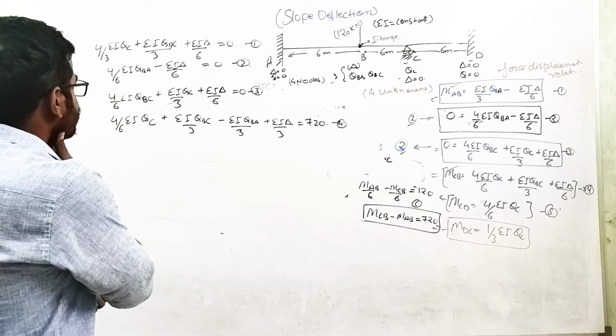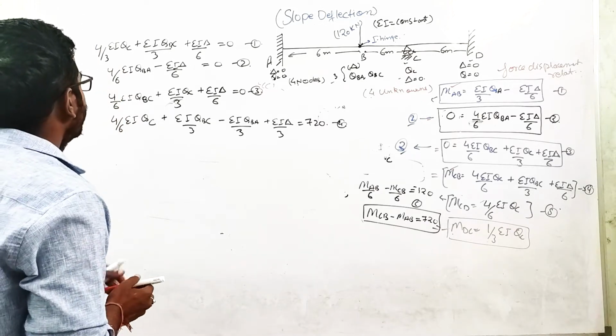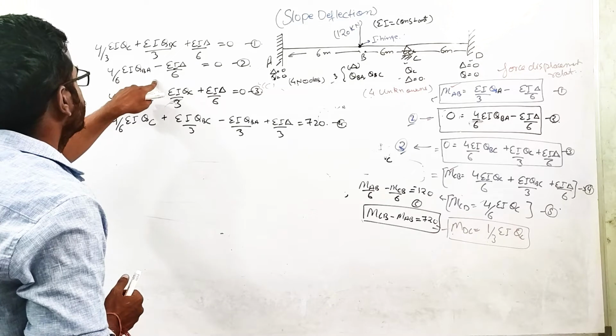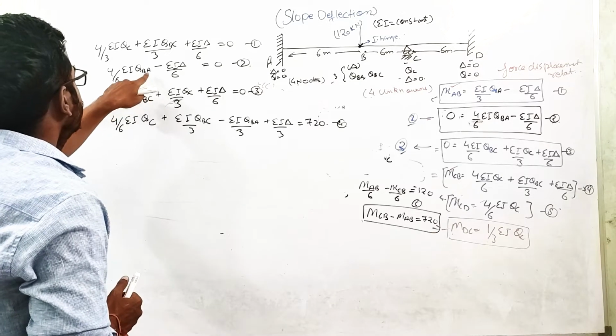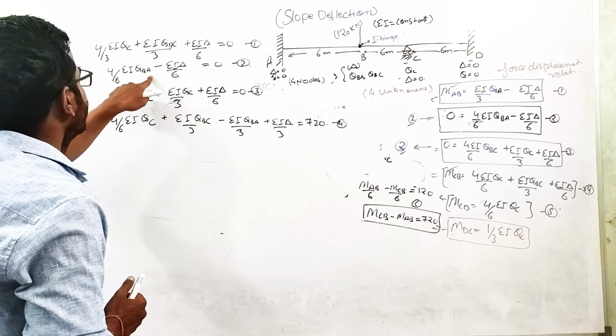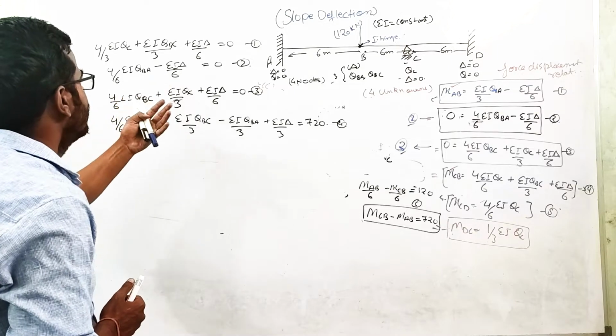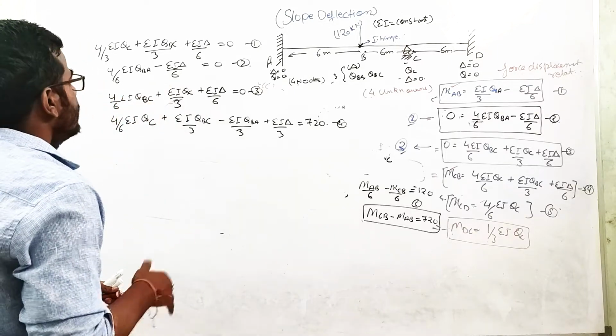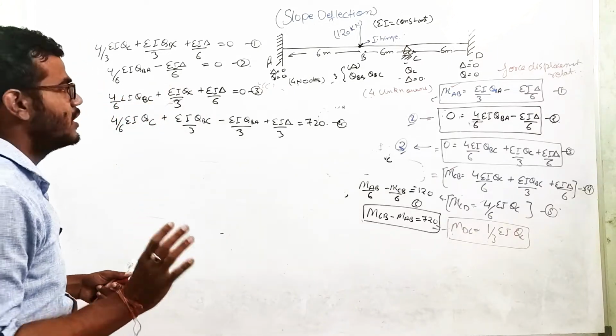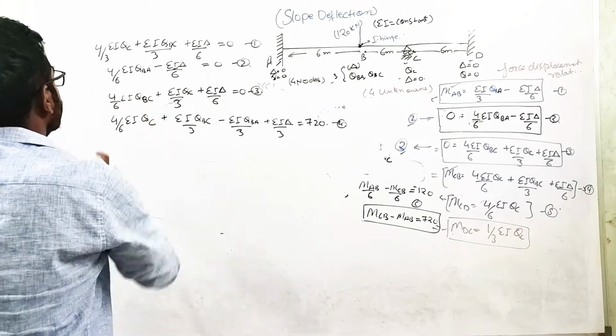One thing we can use over here, I can use this equation, and wherever the theta BA value is there, I can write it in terms of delta. In that way, I can reduce these equations into 3 equations.